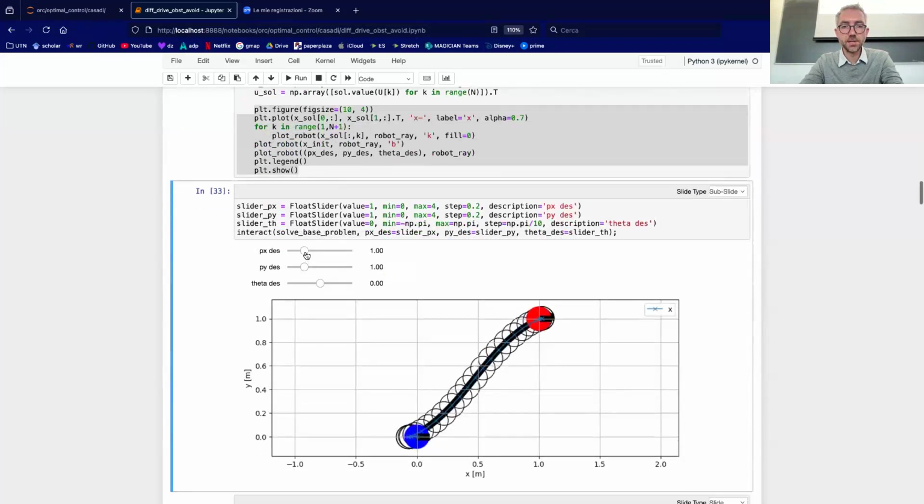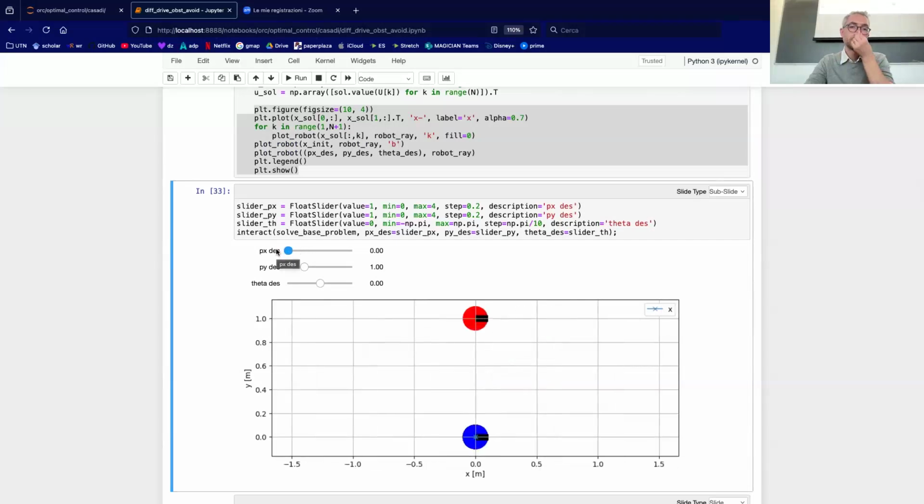We re-execute everything. No, it's not that. Why is the solver telling us that the optimal thing to do is to stay still? It's related to the under-actuation of the system.